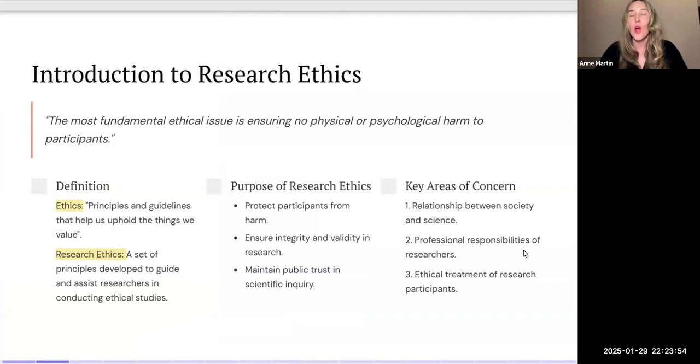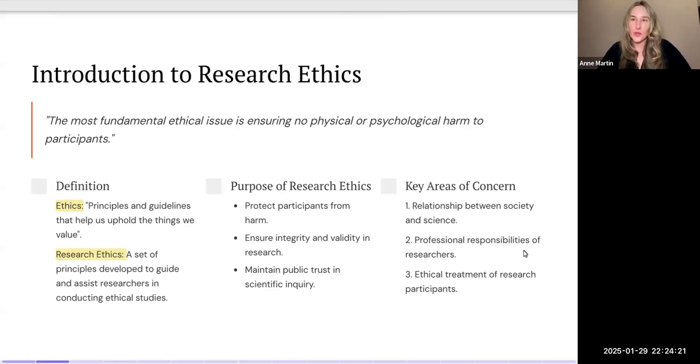So it's important to know what some of the ethical principles are, and also to make sure that we are being critical consumers of the research that we engage with. The fundamental principle in research ethics is ensuring no physical or psychological harm to participants, and beyond that, their communities that might be impacted as well.